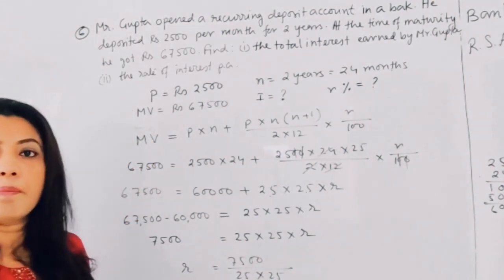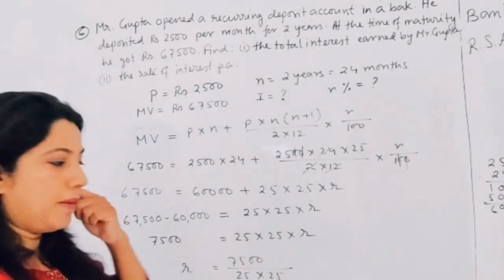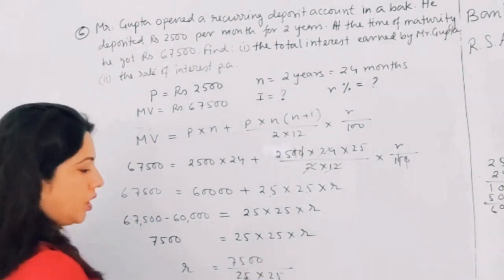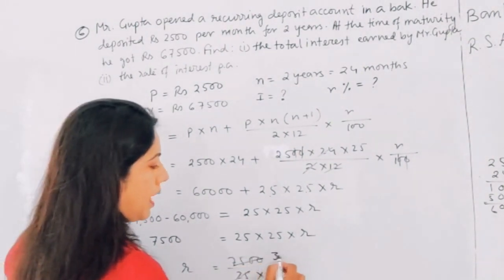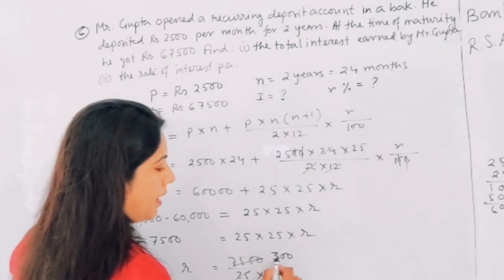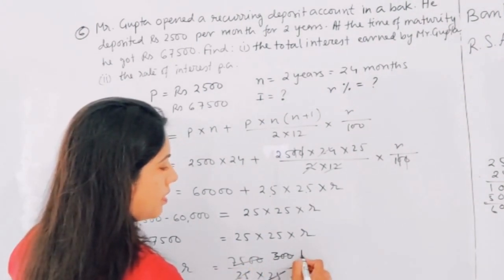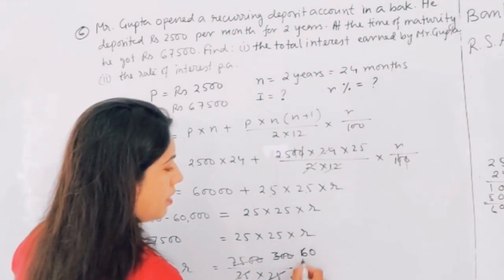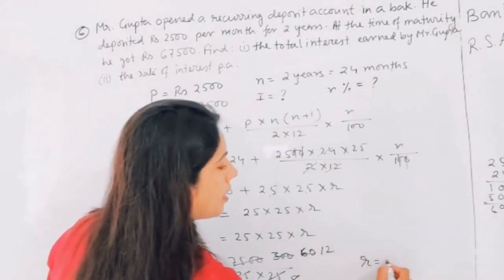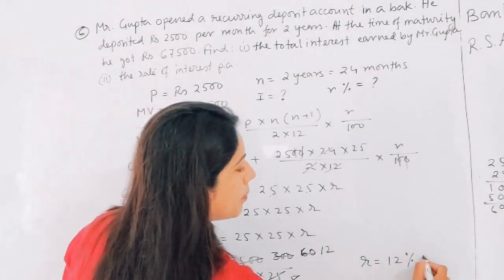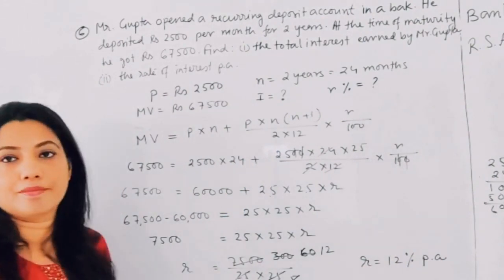If you want, you can multiply, but basically I am not multiplying because it is going to cancel out here. So R is coming 12% per annum.